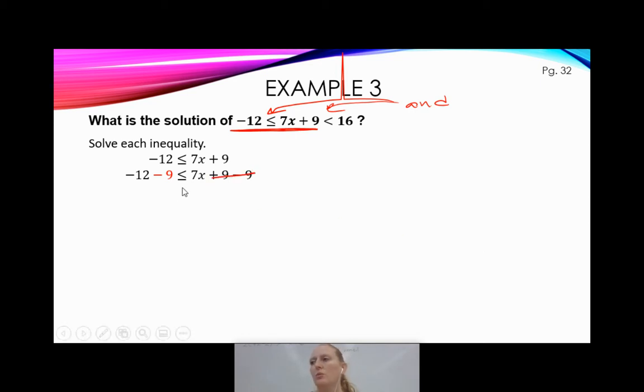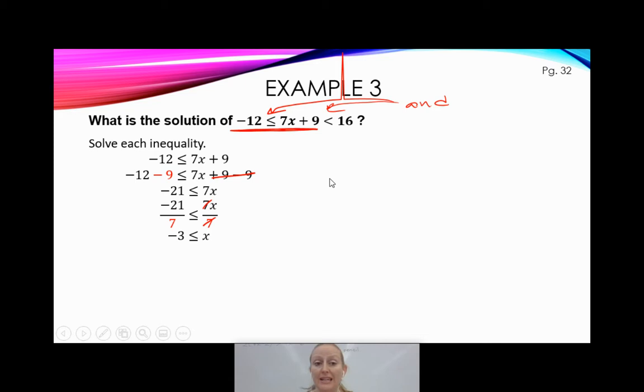Of course, negative 12 minus 9 is a negative 21, which is less than or equal to 7x. I do need to divide both sides by 7. Because I am dividing both sides by a positive, I don't need to flip my inequality. We're going to keep it right where it is. And of course, these 7s cancel out, right? That's why we did this. And negative 21 divided by 7 is a negative 3.